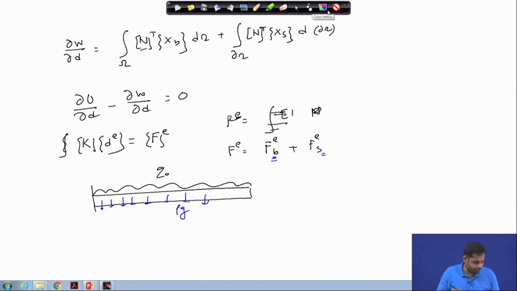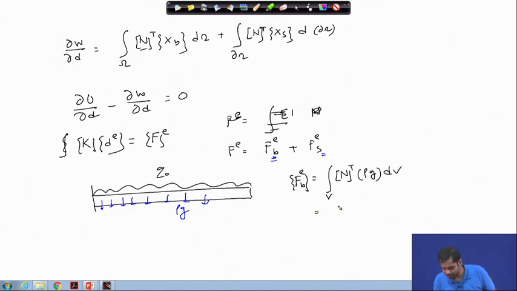So, what will be the f b term? f b at the element level, f b e, is equal to the integration over the volume of N transpose, then rho g, and then dV.